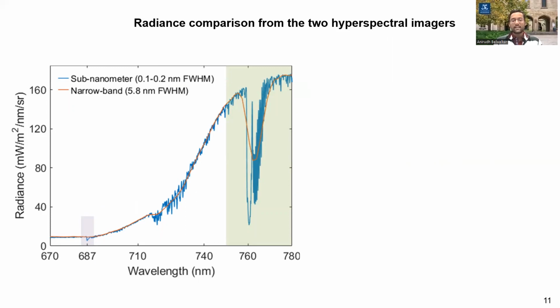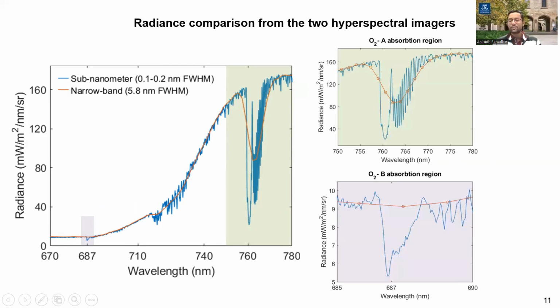So the shape and depth of O2A absorption feature and O2B absorption feature were affected by the spectral characteristics of the two hyperspectral images. Due to the coarser resolution of the narrowband imager, the O2B absorption region or the O2B minima cannot be identified.